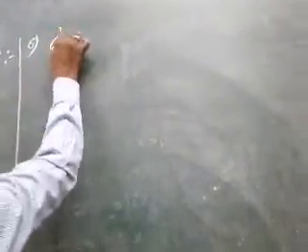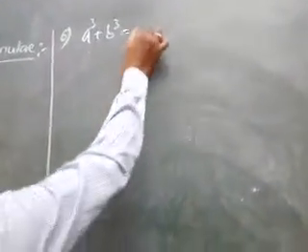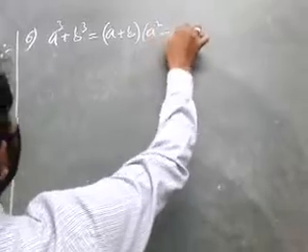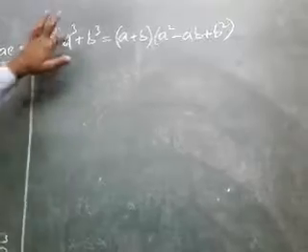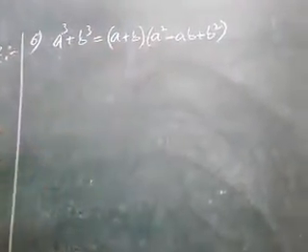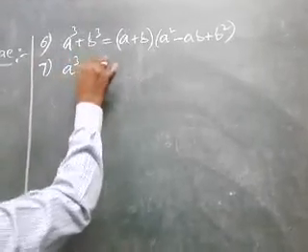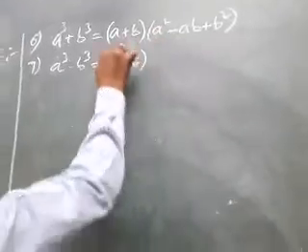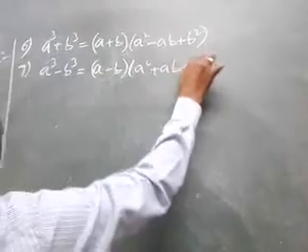A cube plus b cube equal to (a plus b) into (a square minus ab plus b square). And a cube minus b cube equal to (a minus b) into (a square plus ab plus b square).